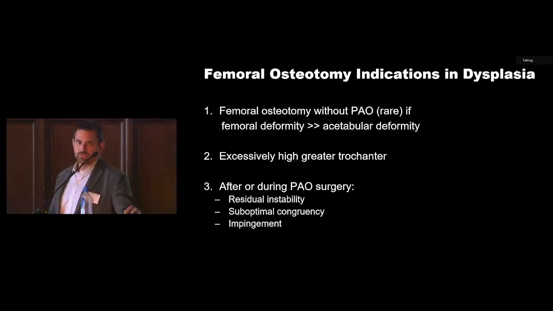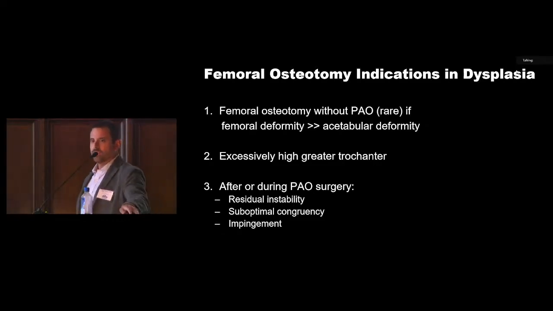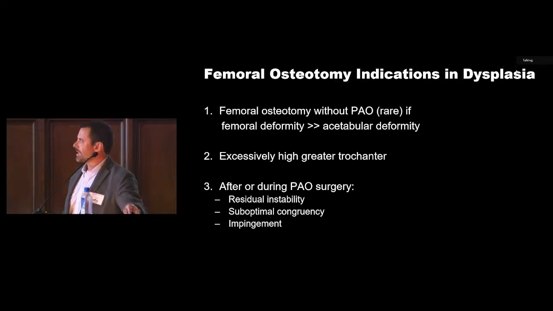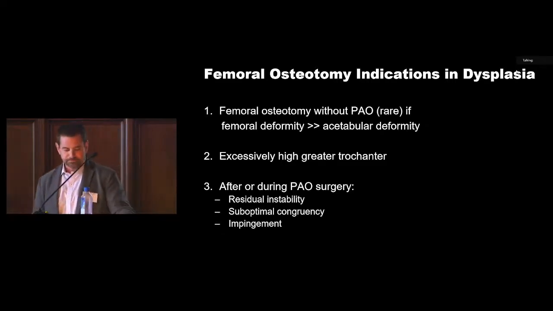If somebody has a very mild acetabular deformity, but their femoral deformity is severe, they have lots of anteversion, for example, I think that's an indication. Some of the Perthes-like deformities that John talked about earlier, with an excessively high greater trochanter, is an indication. But really, most commonly, and the focus of the next 15 minutes, is after or during PAO surgery for residual instability, congruency, or impingement reasons.